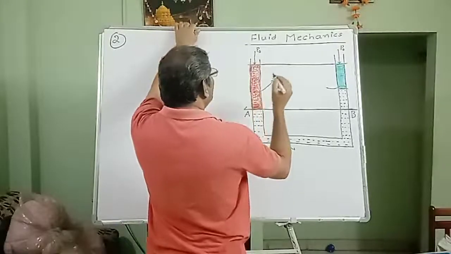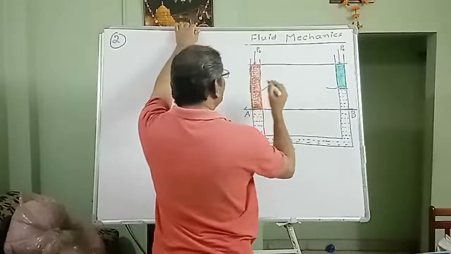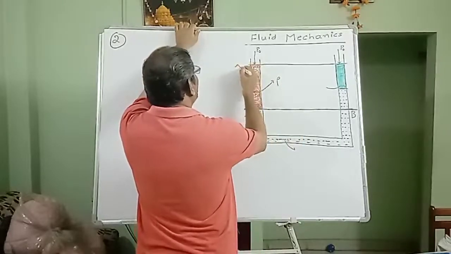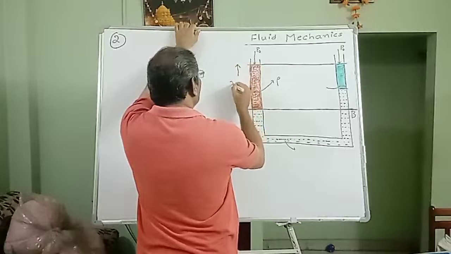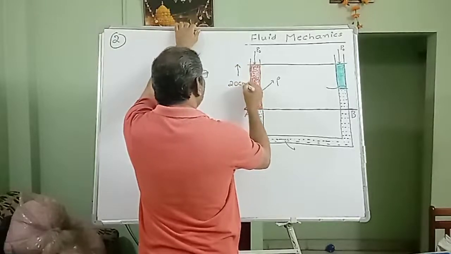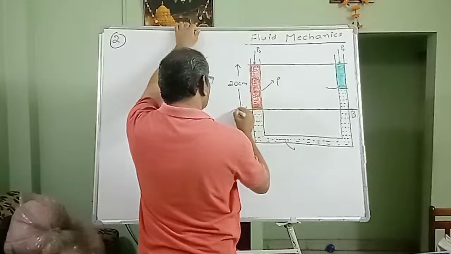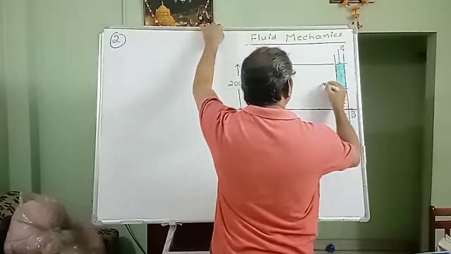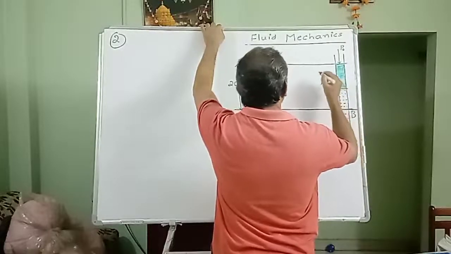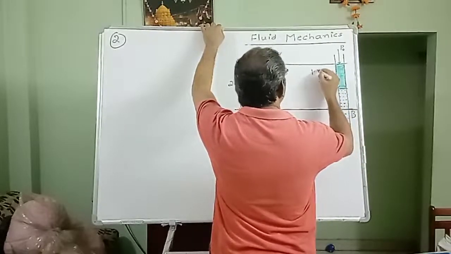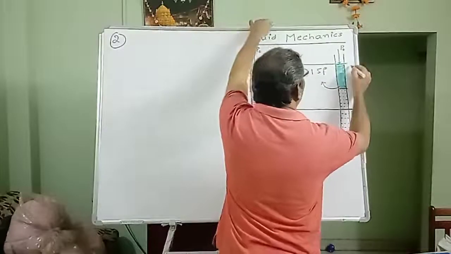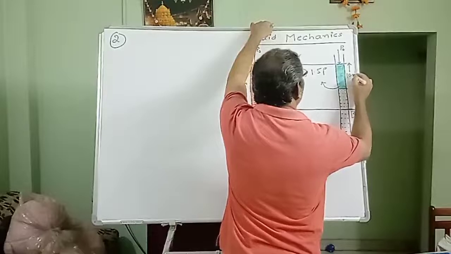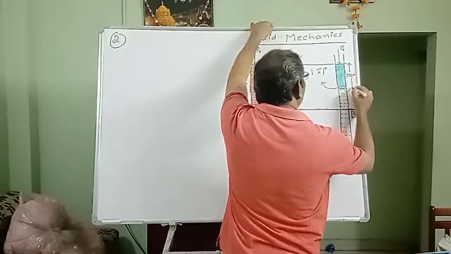Now let us say you got one liquid of density rho, and the length of this column will be 20 centimeter. Now let me complete, then we'll come to this one. This will be another liquid of density 1.5 rho, and the length of this liquid column will be 10 centimeter.